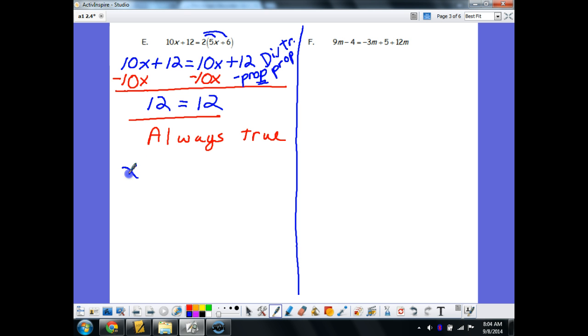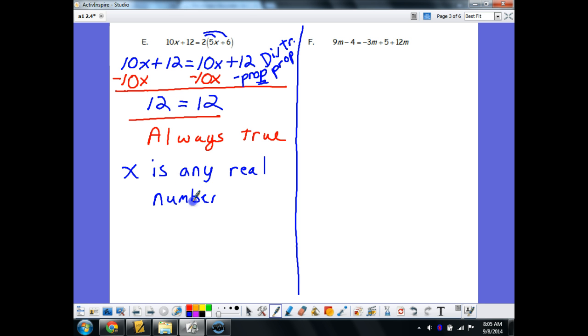Since that equation is always true no matter what value of x you have, x can be any real number. So that is one case where you have a special case for the solution for this equation, where the variable completely cancels out and you are left with something that is always true, which means the original equation is always true no matter what.